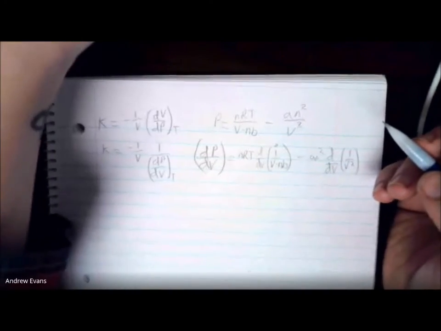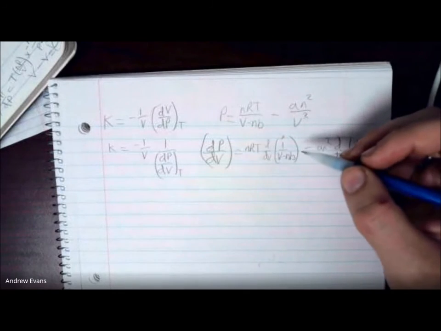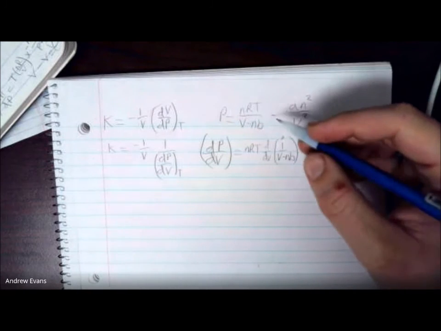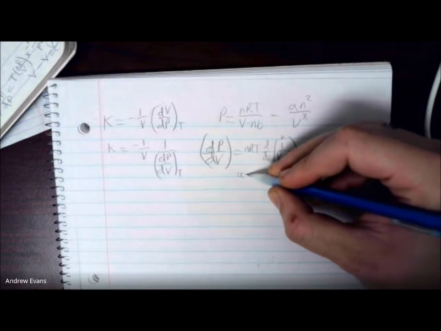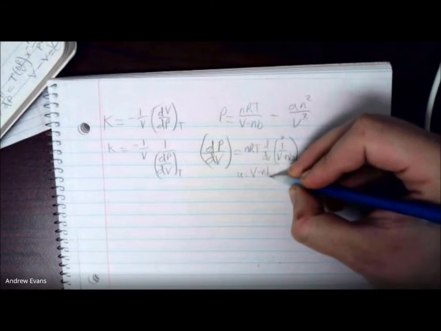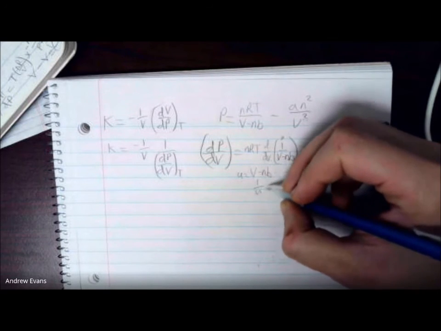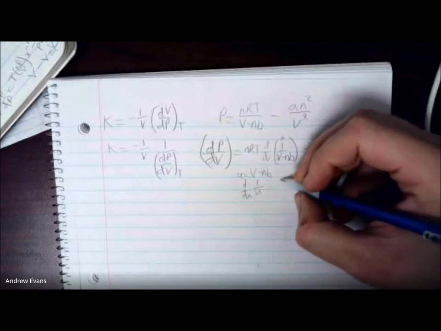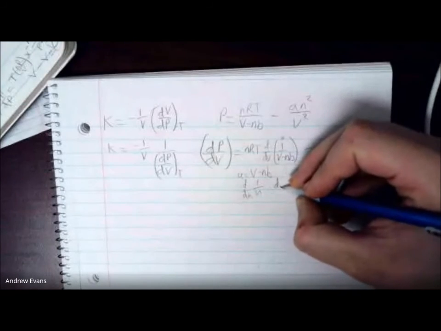Okay, that in mind. This one is a little bit harder. You have to set up a u du example where your u is equal to V minus nb, so that we're doing d over du times du.